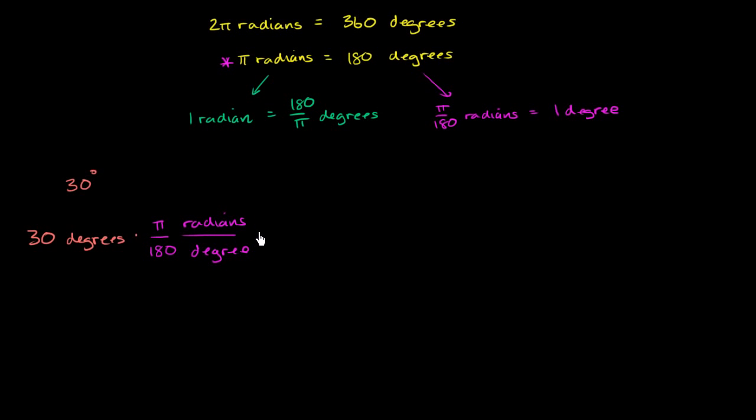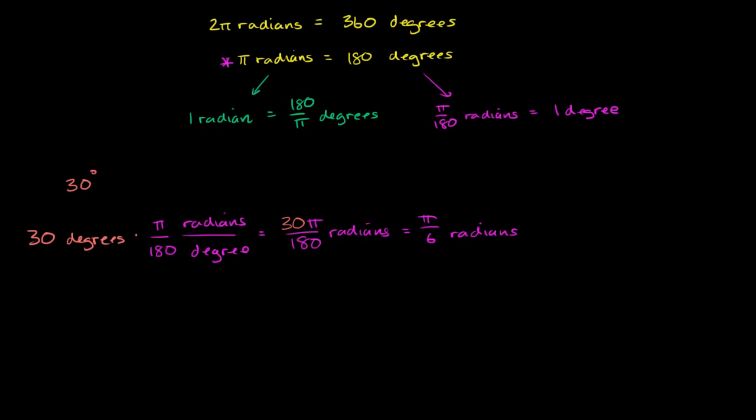So we're going to get 30 times pi over 180, which will simplify, because 30 over 180 is 1 over 6. So this is equal to pi over 6. Actually, let me write the units out. This is 30 degrees, which is equal to pi over 6 radians.